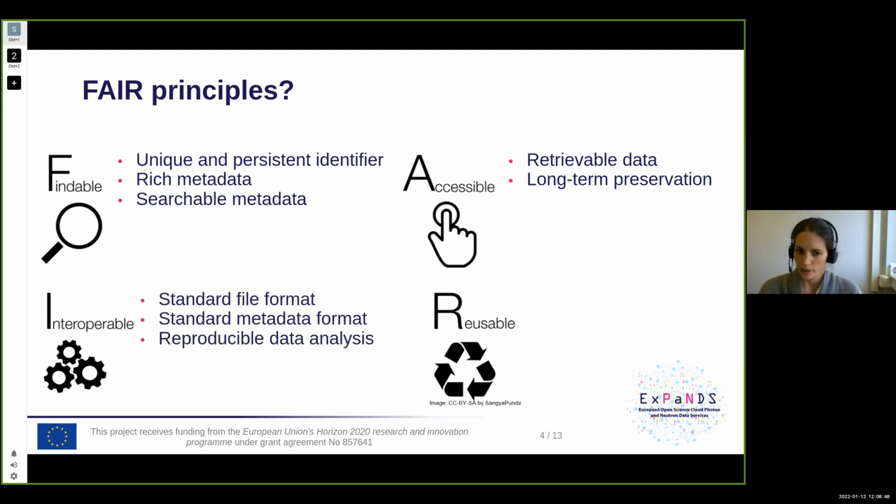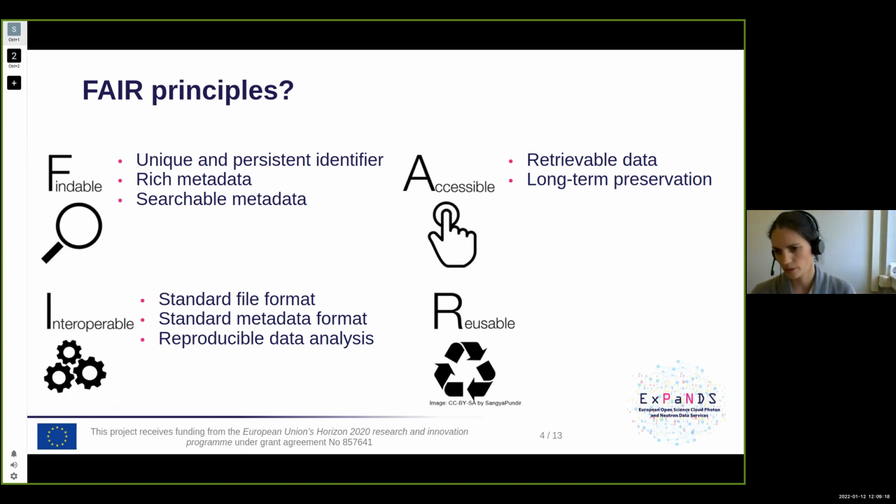Then it needs to be interoperable. So once you have accessed the data, you need to understand and be able to manipulate it. So the standard file format and metadata format is very important, so that you know how to actually read the data. And the next step is that you have the algorithms to reproduce the data analysis that was made on this data. So this is all in the interoperability.